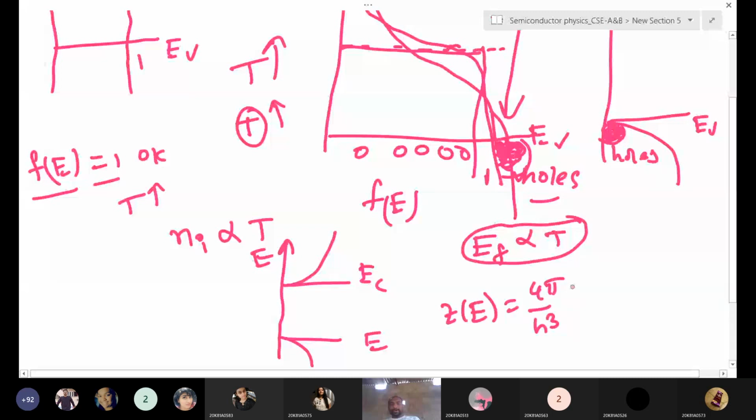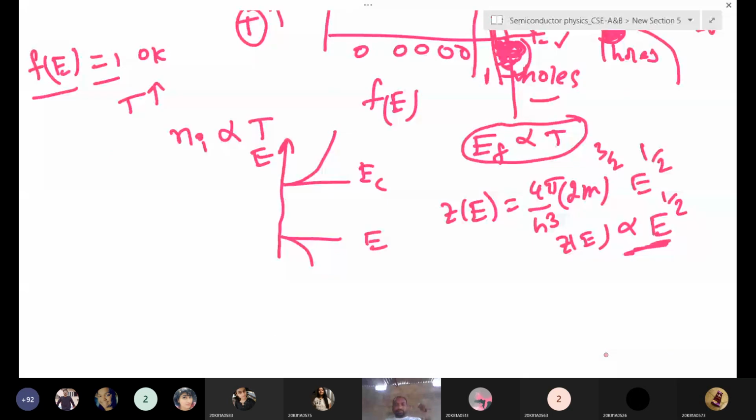So the density of states is proportional to E to the power half. That means it is a parabolic equation. This is why we draw a parabola, and in an intrinsic semiconductor you draw an equal number of holes and electrons.